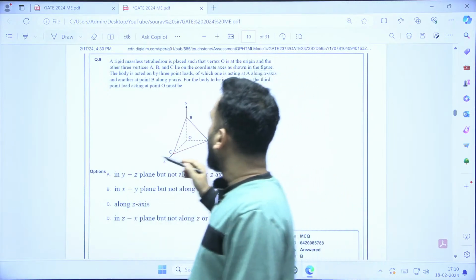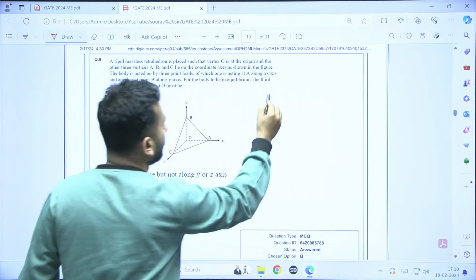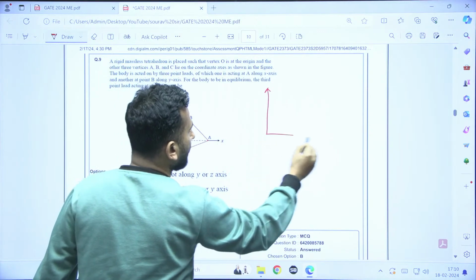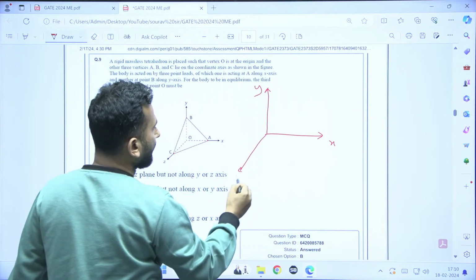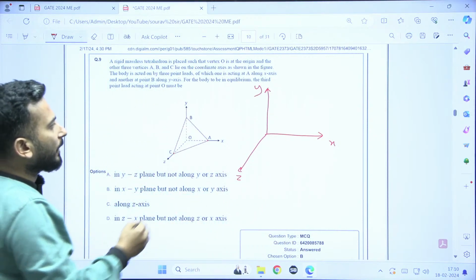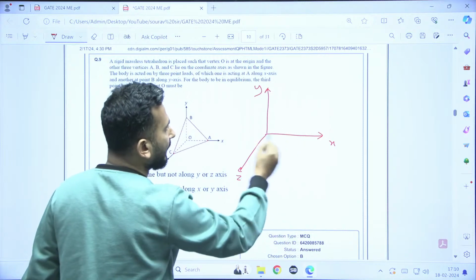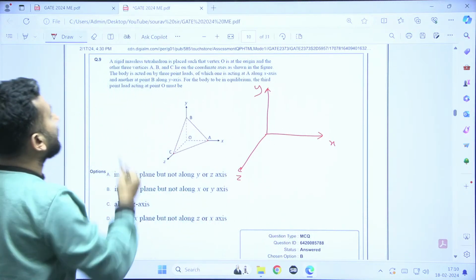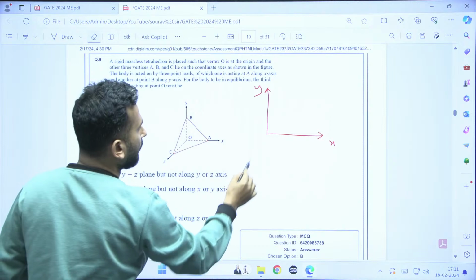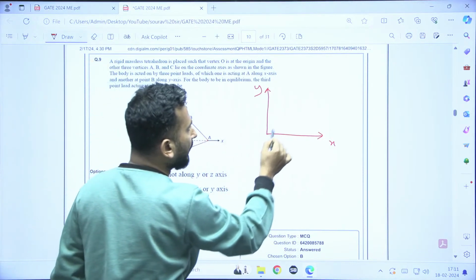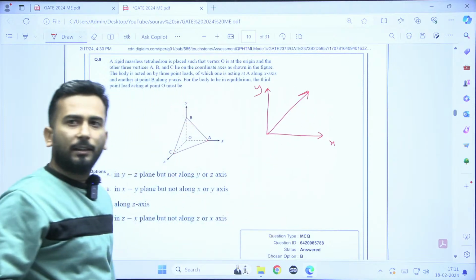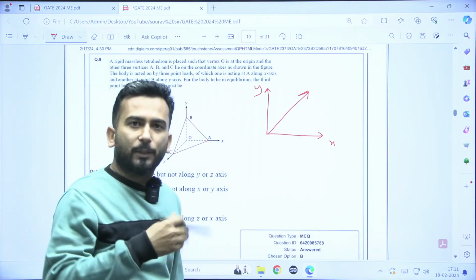So if I apply, this is the X, this is the Y, and this is the Z axis. If 2 forces are in X and Y directions, the resultant will be along the XY plane, no?